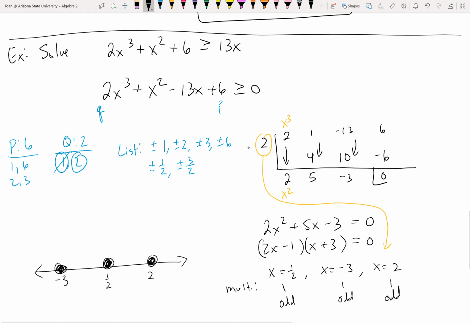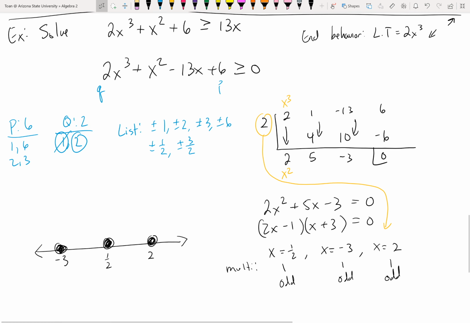So our end behavior, since the leading term is 2x cubed, we have an odd exponent, positive leading coefficient. We should know that odd exponent, positive leading coefficient is down to the left and up to the right. So in the far left, it's going to go down, negative. In the far right, it's going to go up, positive.